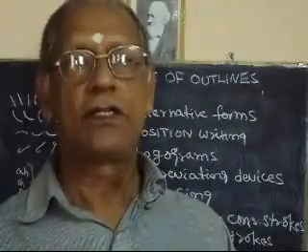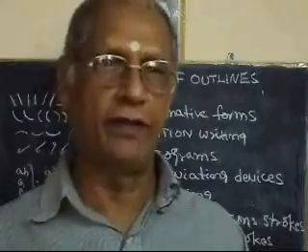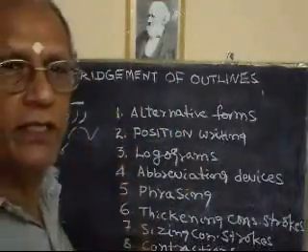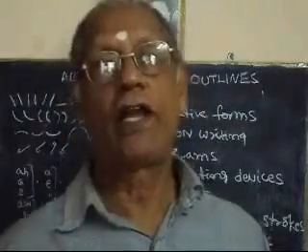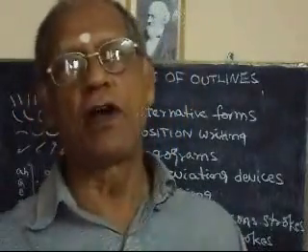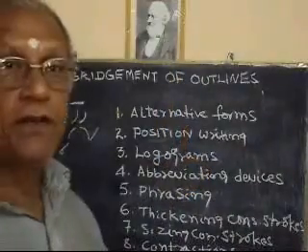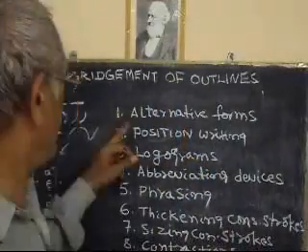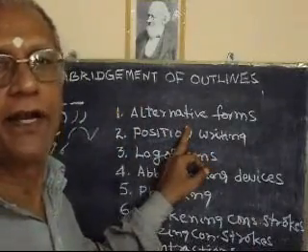There are several methods to abridge the size of the outline. While learning the basic forms of consonants, we have provided alternative forms. In the first lesson itself, we have used the method of providing alternative forms.